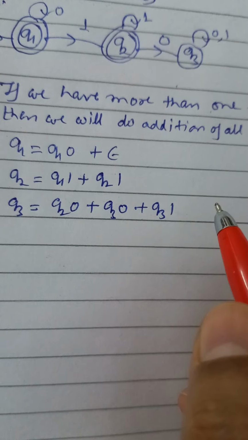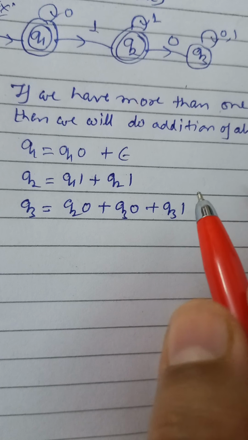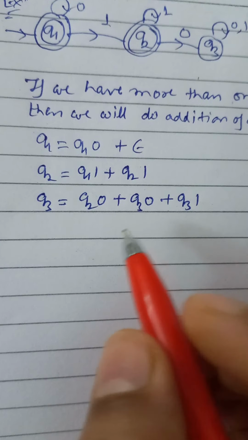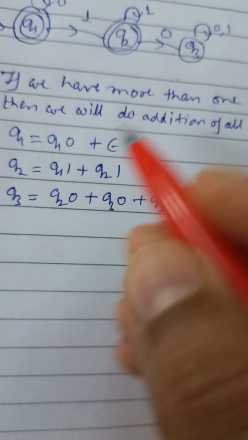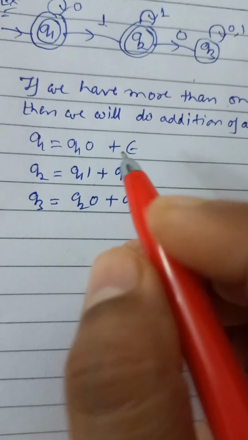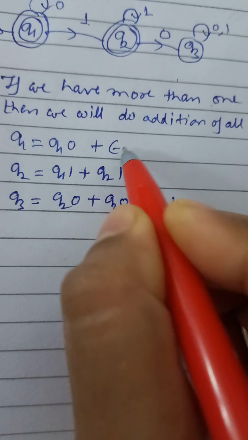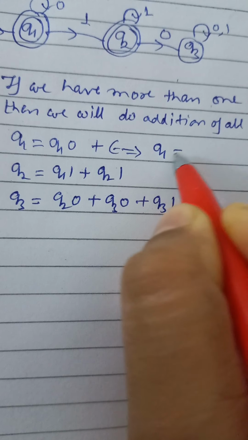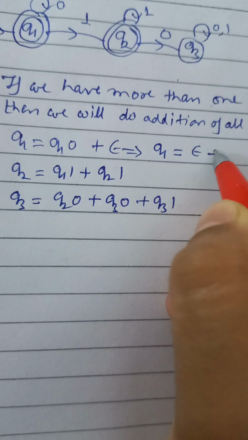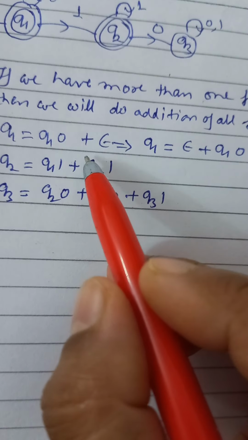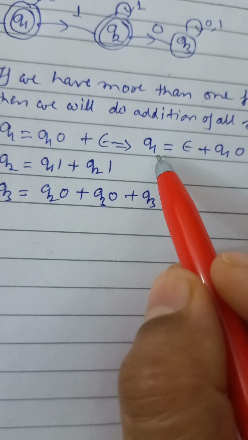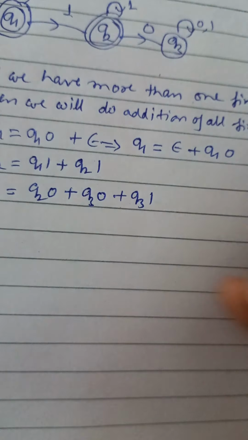Q3 1. Now what we will do first, because this is Q1 we have, we can write Q1 is equal to epsilon plus Q1 0. We can also write Q1 is equal to Q1 0 plus epsilon, but instead we write Q1 is equal to epsilon plus Q1 0.